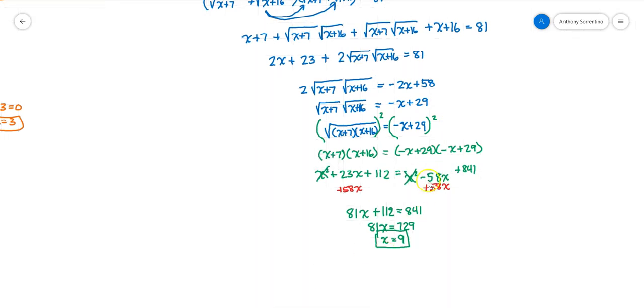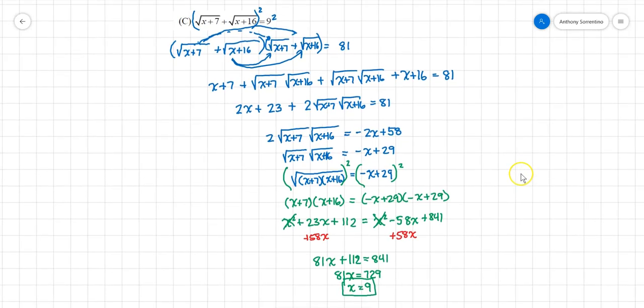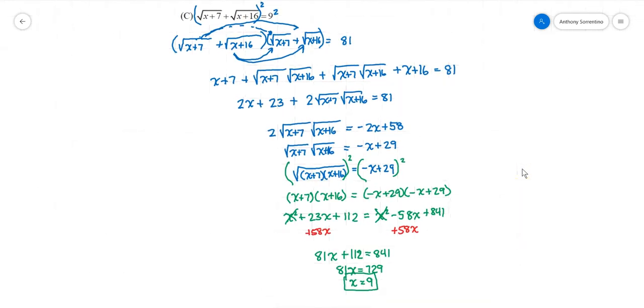I'm going to pan out a little bit. I don't want to move that. All of this work I had done, again, was working under the assumption that both of these radicals existed. And for that to be the case, for the first one to work, let's do orange here. For the first radical to work, x had to be greater than or equal to negative 7.